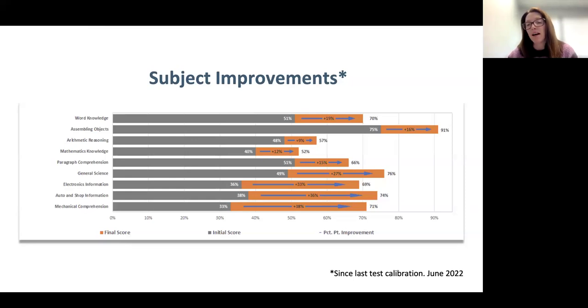However, those of us who work with data are skeptical of small sample sizes. The other thing that we do not have access to from the Peterson's end is that we provide this program to service members, and once they complete the program, that is sort of where we've lost contact with them.